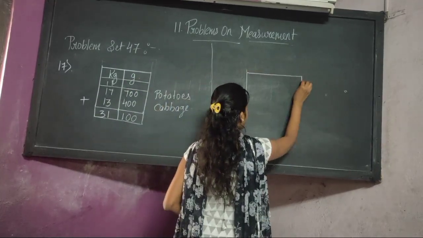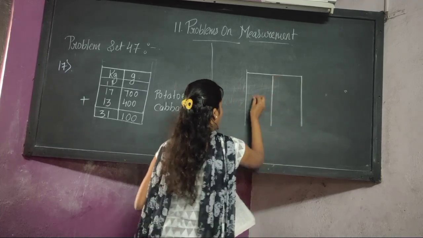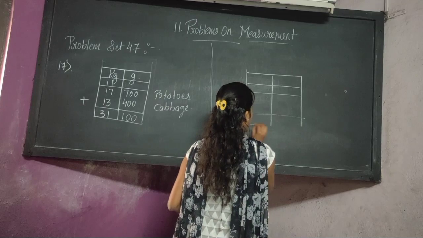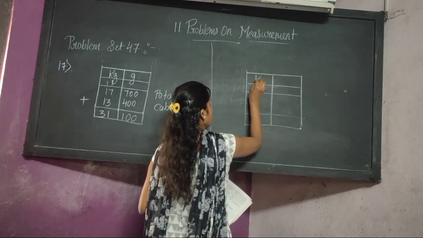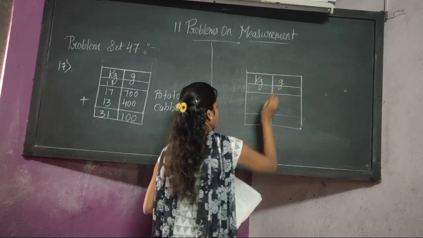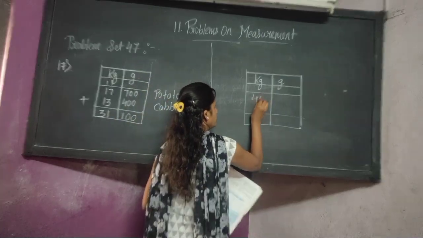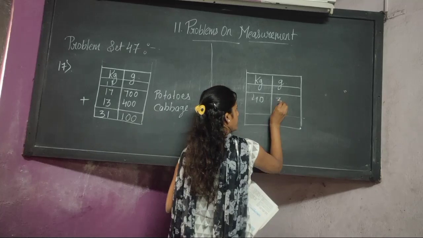First of all we will write the total weight and out of that total weight we will subtract the weight of the cabbage and potatoes. The total weight of the vegetable is 40 kg, 300 grams.